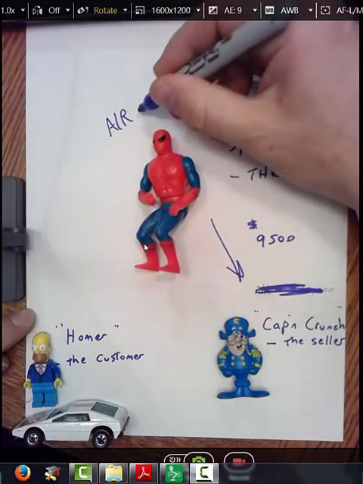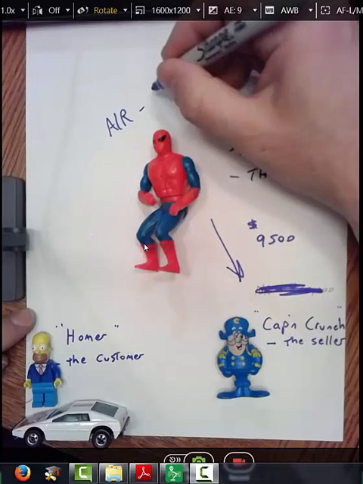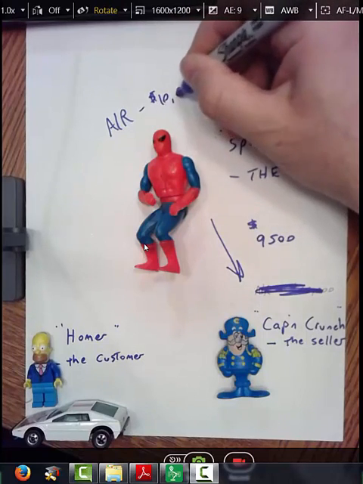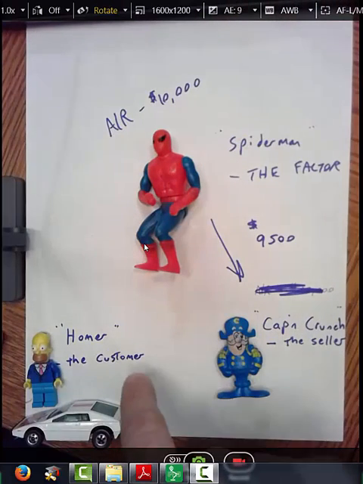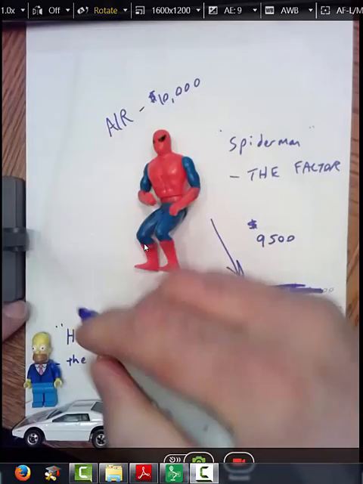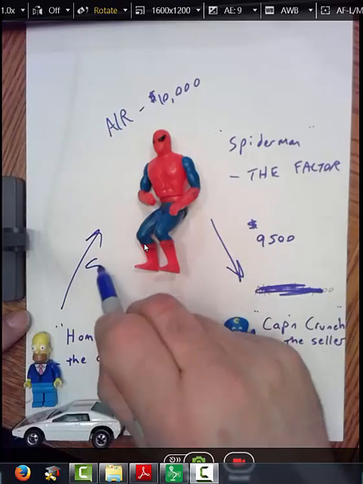So now Spider-Man has an accounts receivable from Homer for $10,000. And when Homer pays the $10,000, he doesn't pay Captain Crunch. He pays Spider-Man, the factor.